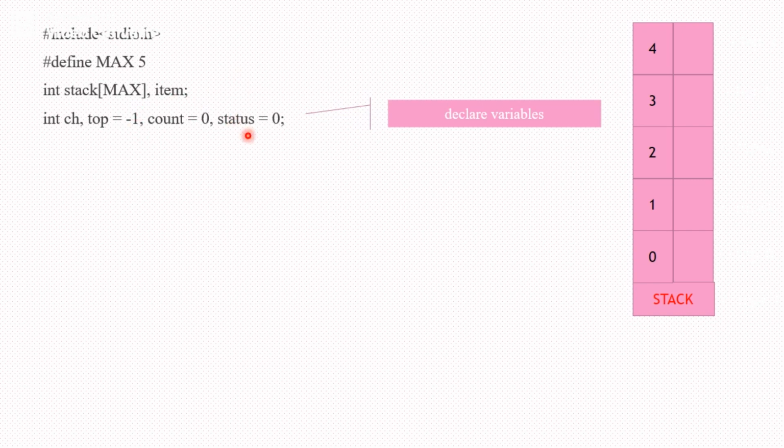So remember, all these are global variables. When I say global variable, it is outside all the functions. So all functions can directly make use of it. Okay. So any update done to these variables will also affect all the functions that are using them.